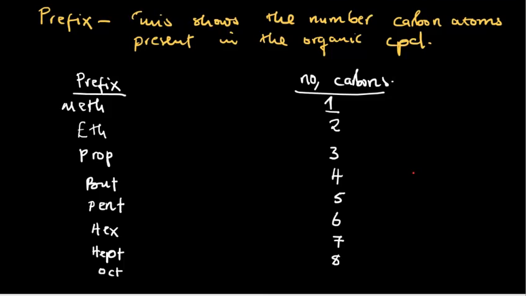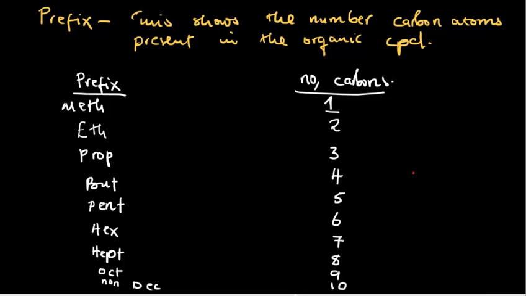At our stage, we basically just end on these. We also have non, which is nine carbon atoms. We also have dec, which has ten carbon atoms. So these are the prefixes, meaning the beginning of the name.